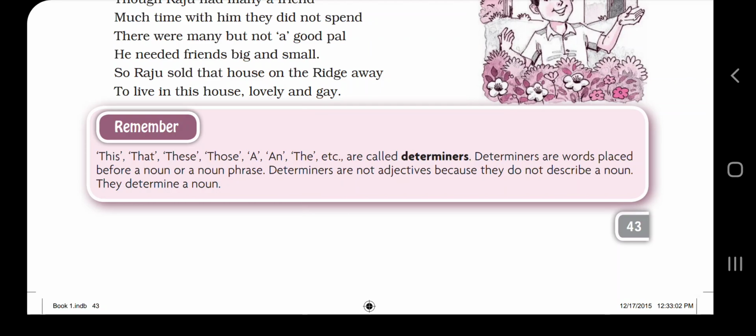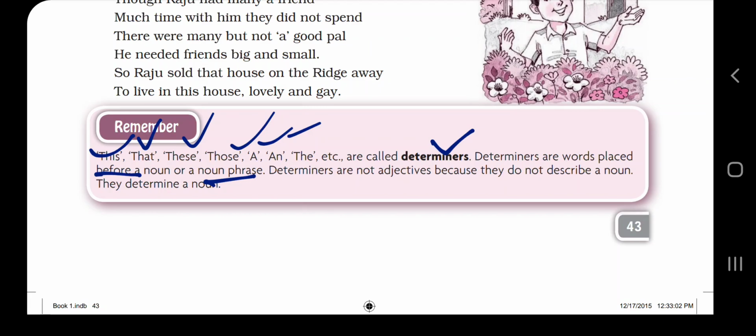Now see here: this, that, these, those, a and the, all those underlined words are called determiners. Determiners are words placed before a noun. Just scroll up and see how these words have come just before the noun or noun phrase.